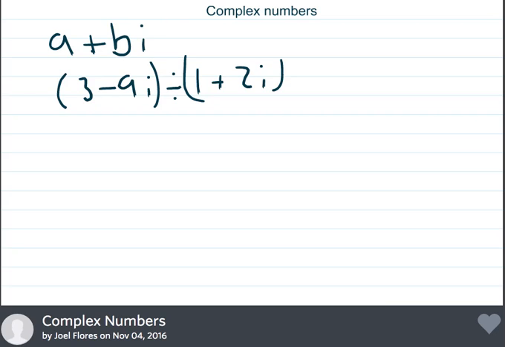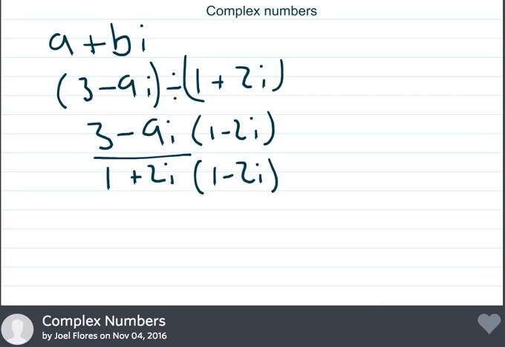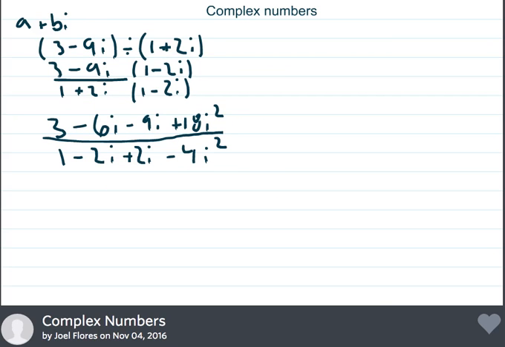So here's what the problem will probably look like when we get it. We'll just rewrite it so it's easier to do. So we'll multiply by the complex conjugate so we have no complex numbers in the denominator. And again, we'll use FOIL to get the next part of the problem. So as you see, when we FOIL it out, that's what we get.